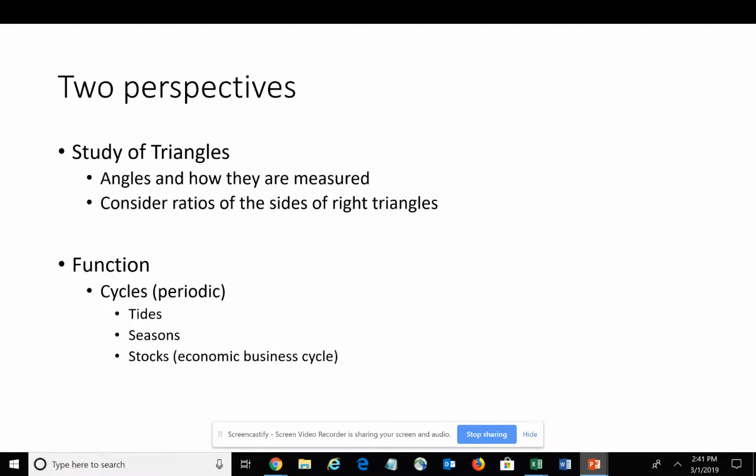And then we extend that information to apply it to functions and a lot of things in the world that are cyclic or periodic, like the tides or seasons or even stocks, which follow a trigonometric function cycle, and so we can use trigonometry to model those things and make predictions about the stocks or the seasons or the tides.